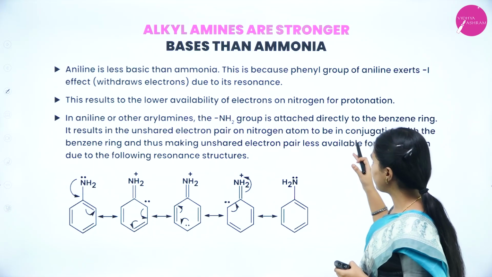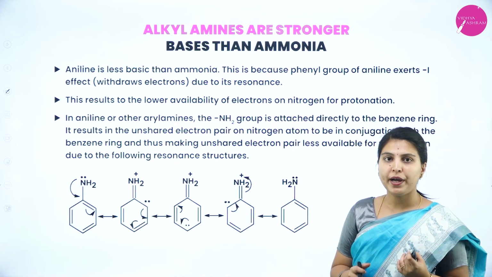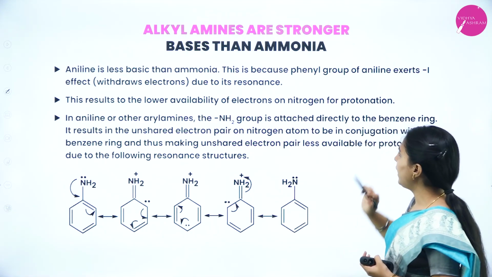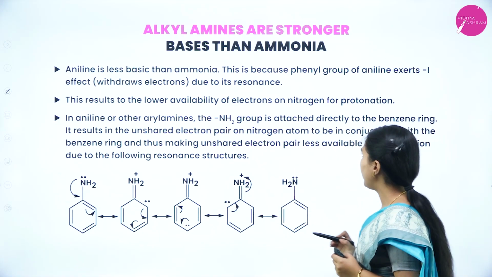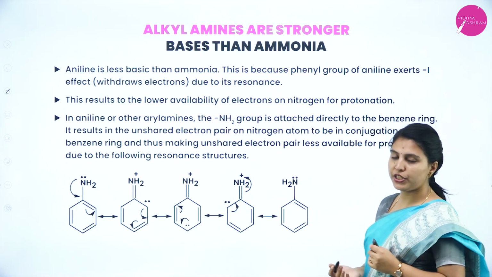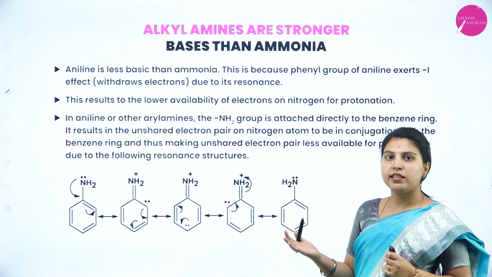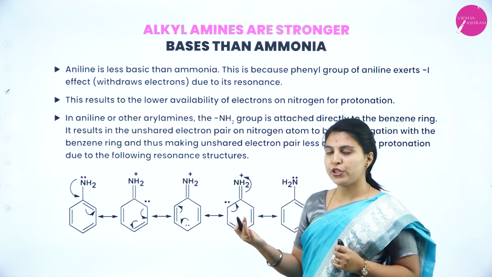Wherever a ring structure or phenyl group is present, it is a withdrawing group, and wherever a withdrawing group is there, it can exert a minus I effect due to its resonance. This results in the lower availability of electrons on nitrogen for protonation. Due to the ring structure involved in resonance, the electrons are not available for protonation.